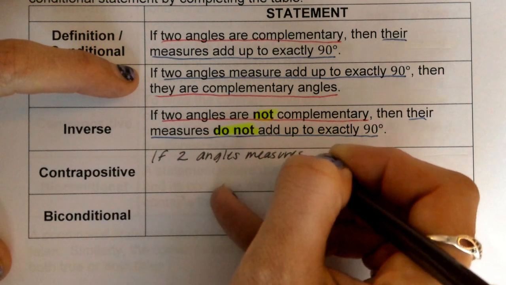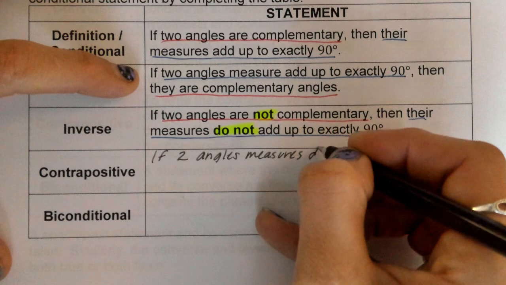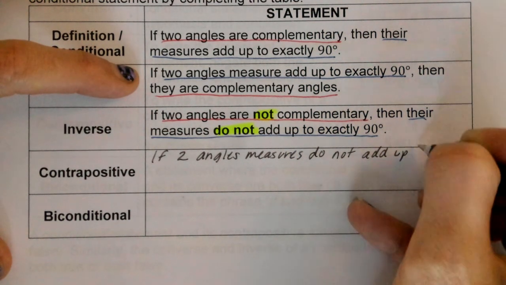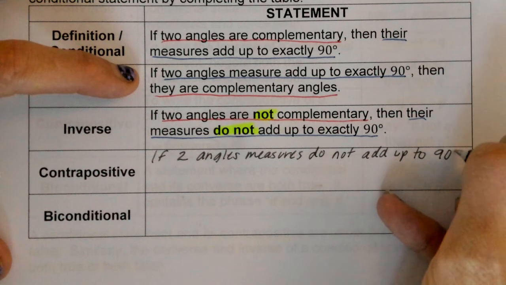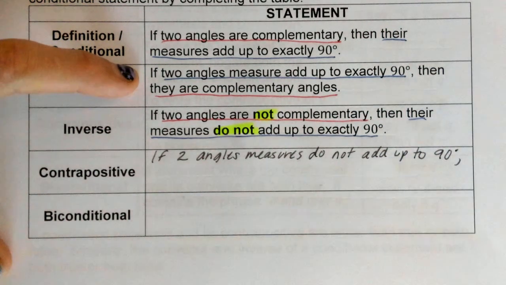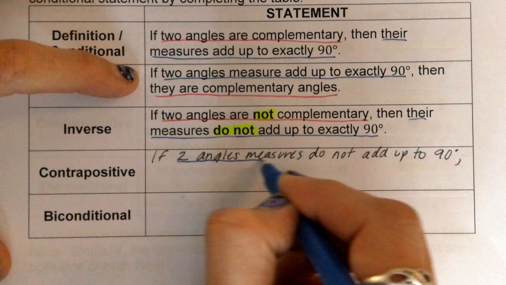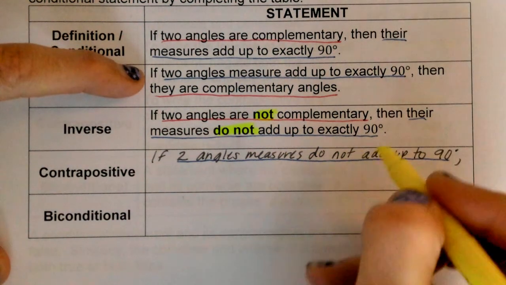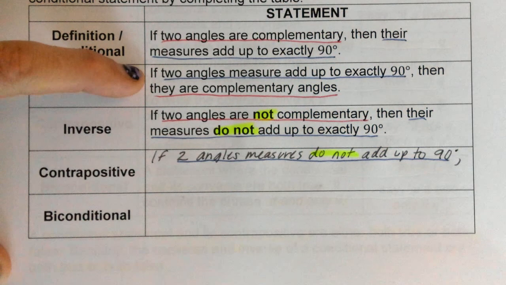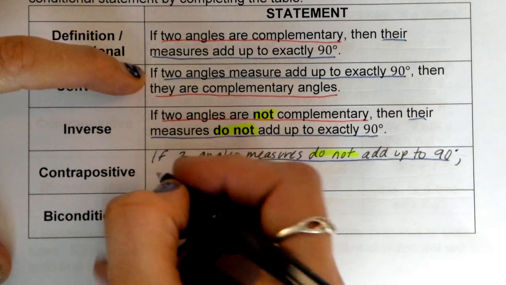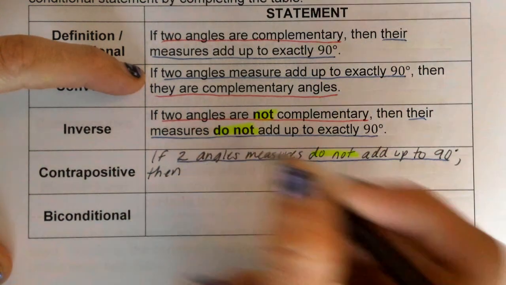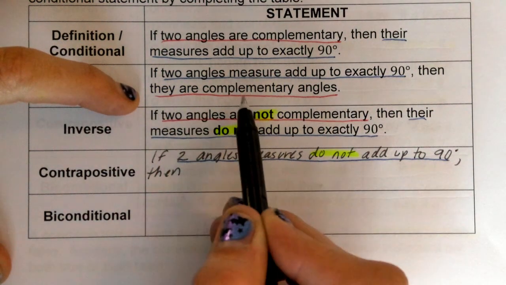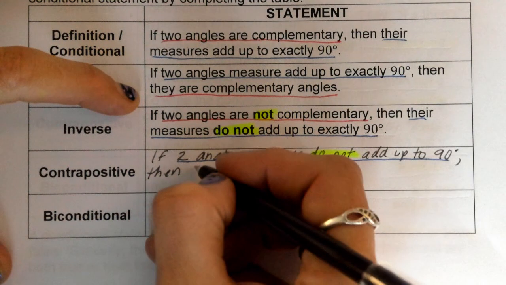Measures, plural, sorry, do not add up 90 degrees, comma. So we have that conclusion part first, just like the converse, but we have the negation, the opposite of it. Then, instead of they are complementary angles, we would say they are not complementary angles.